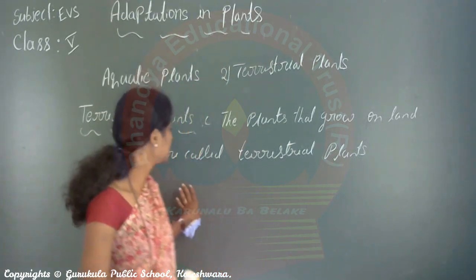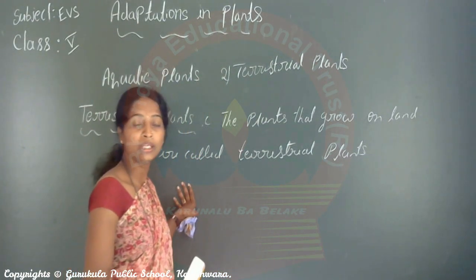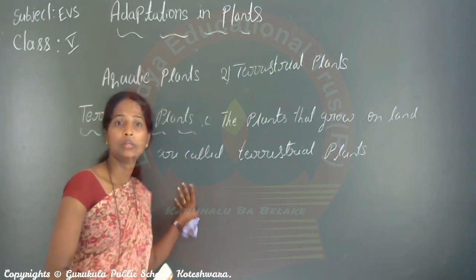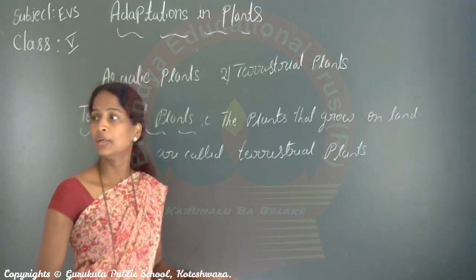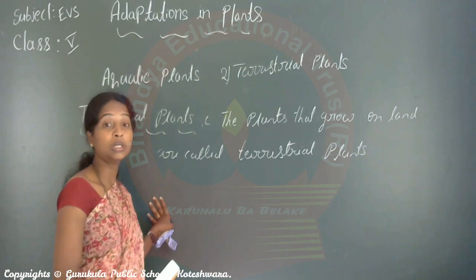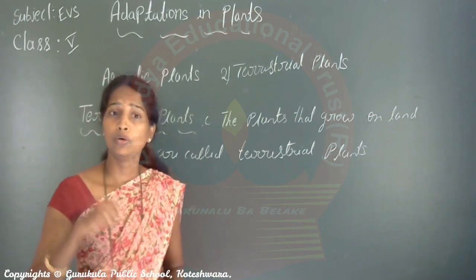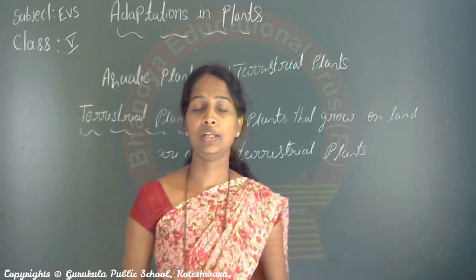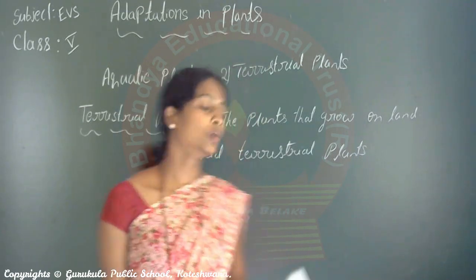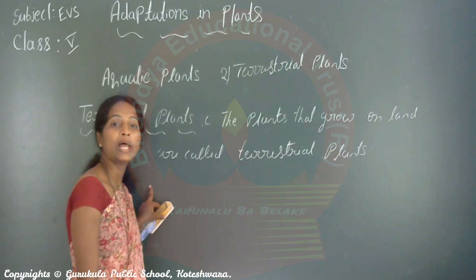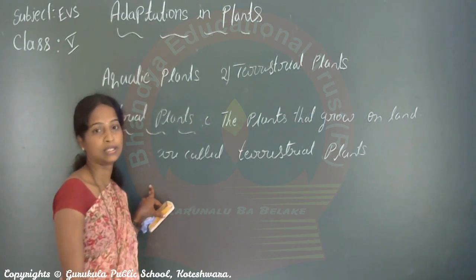Say, for example, neem and banyan trees don't need heavy rainfall. But coconut trees need heavy rain. They need water throughout the year, so they are called evergreen plants.